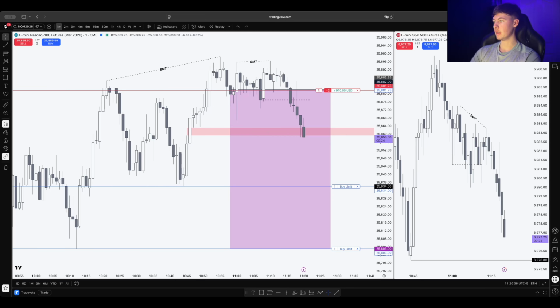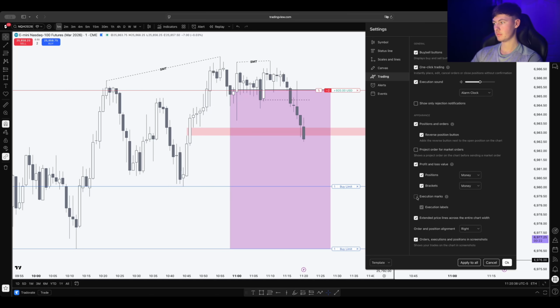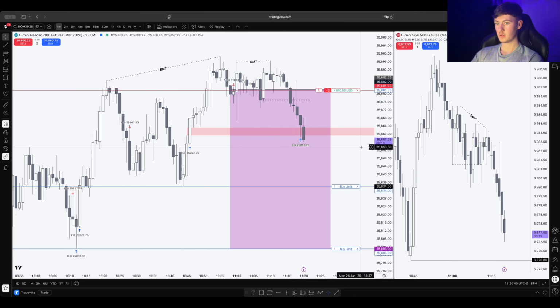So we'll get the executions on the chart. So first trade over to the left, that was our TP1 hit and then got tagged out at break even, so secure profit on that trade. Second trade stopped us out at break even, and then we're in this third trade right now.